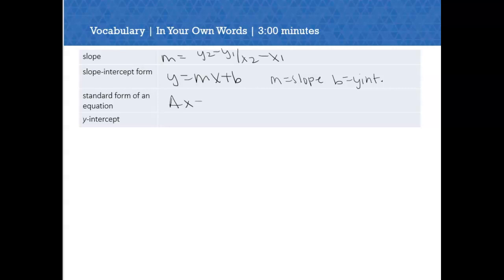Standard form is ax plus by equals c. So we see that x and y are on the same side, whereas in slope-intercept, y is by itself. And finally, the y-intercept, which is always b, is where the line crosses the y-axis.